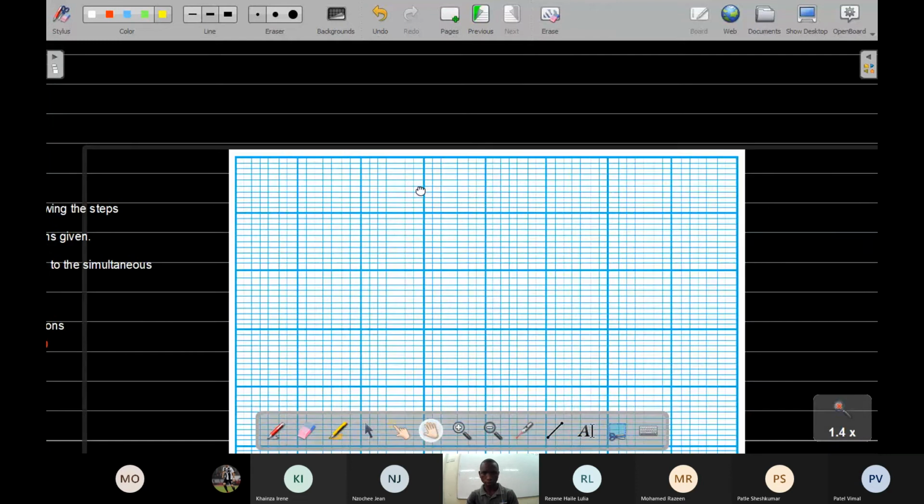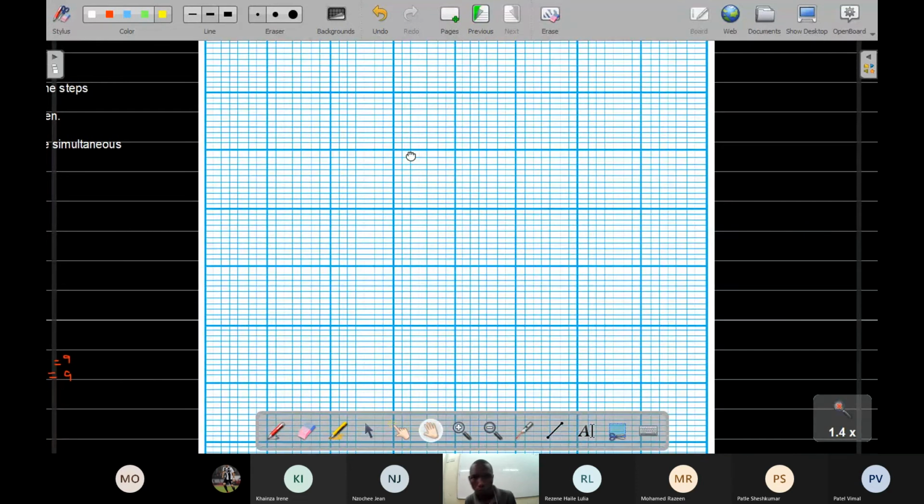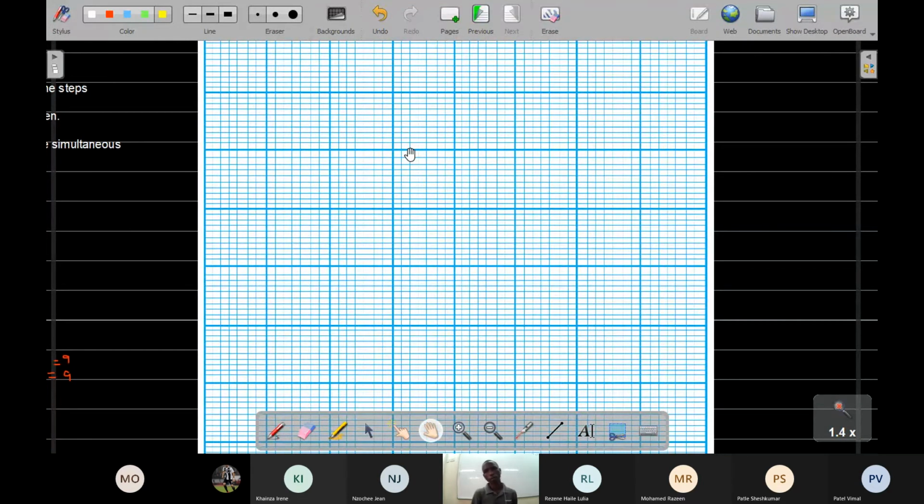Let me try to see here, because I wanted all those coordinates to fit well. Okay, I think I can have it like this. So let me try to draw.